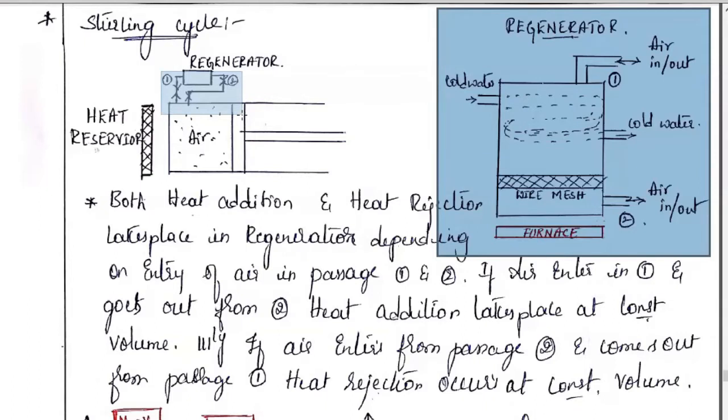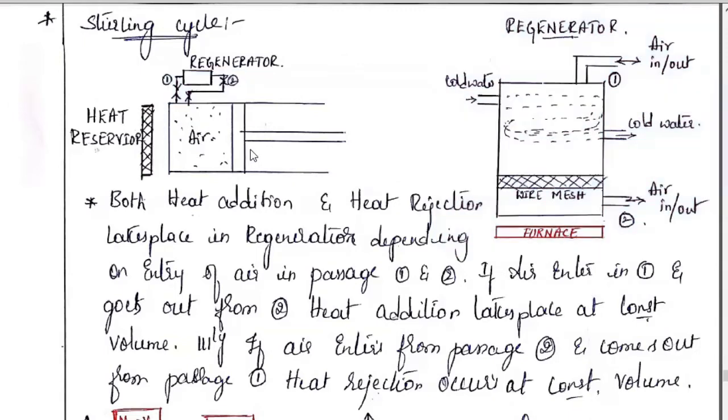During the compression process, the piston brings the air and makes it flow to the second point. That is, during the movement of the piston, especially during the compression process, the air gets compressed and passes through the second pipe towards the regenerator, and there some process occurs.